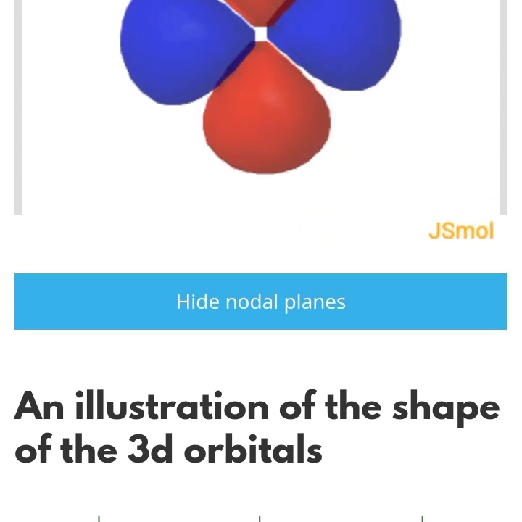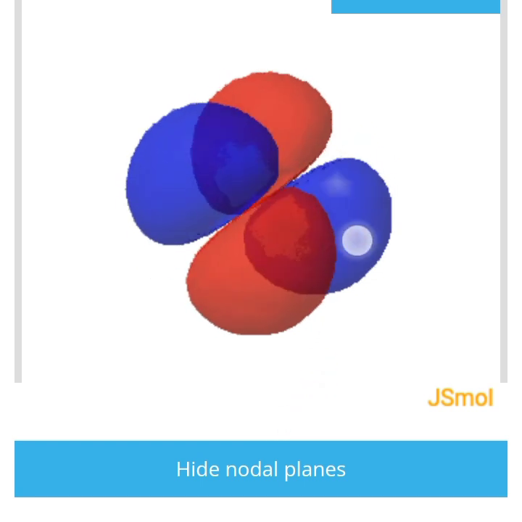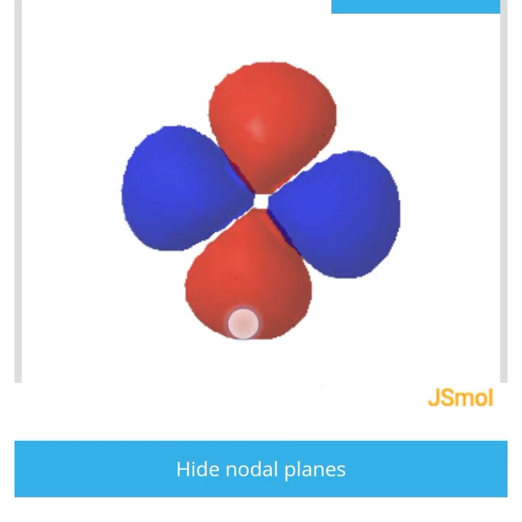Seen this, the nodal plane number is 2. One is this, one is this, and another is this. Two nodal planes, because two vacant planes can intersect this. One is passing through the blue and red region, and another is also passing through the blue and red region.